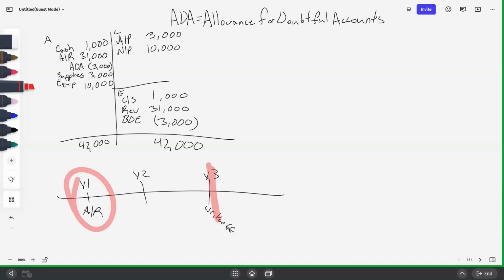Not only that, but this technically lowers our accounts receivable. Our net accounts receivable is accounts receivable minus allowance for doubtful accounts, or plus if it's a debit. So if this was ever like 300, you would actually add it on. So we have allowance.